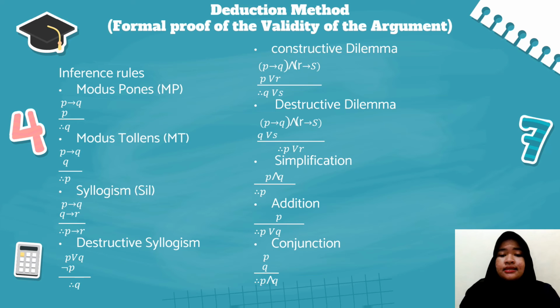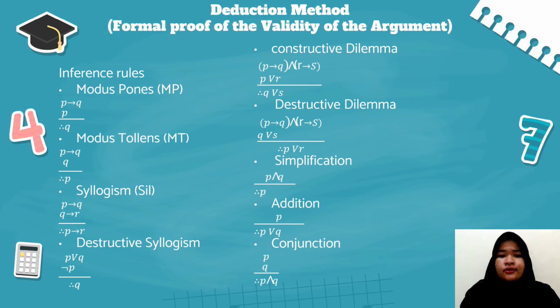The next is simplification. There is only one premise, P and Q, so the conclusion is P. The next is addition.